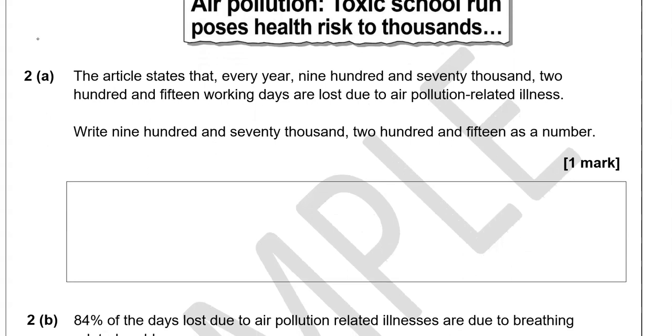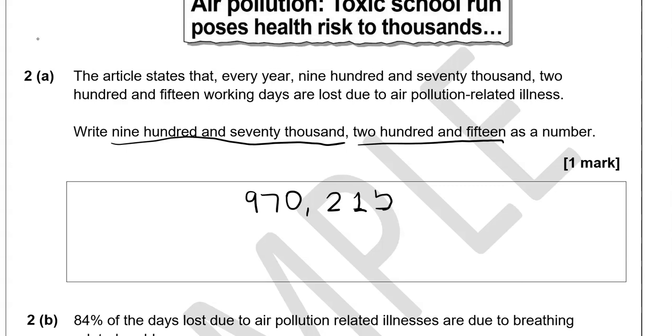So 970,000. So we know we've got 3 more digits to follow. 215. So this is the number.